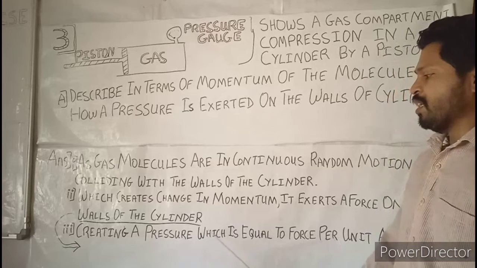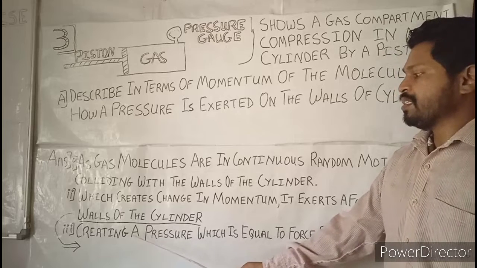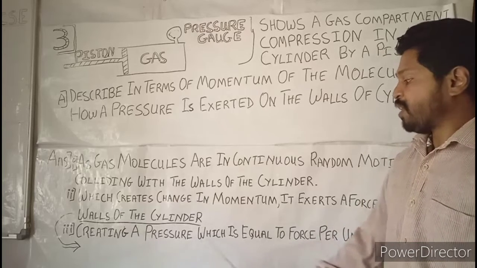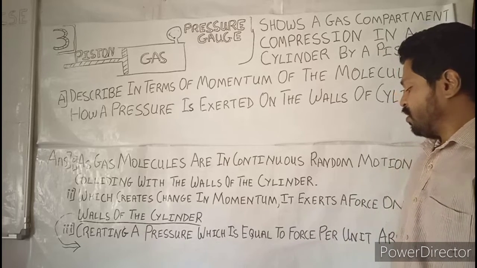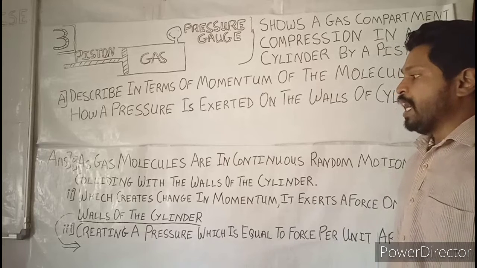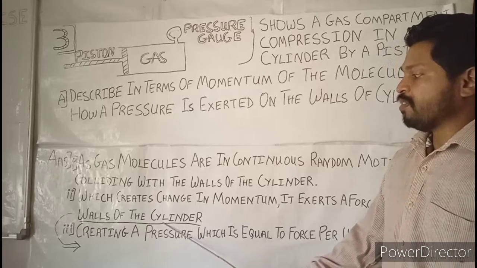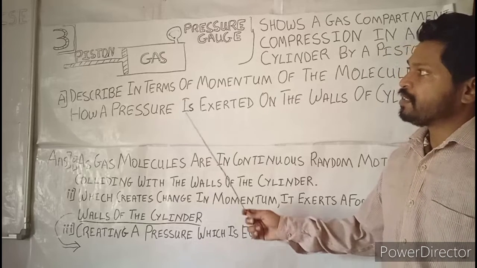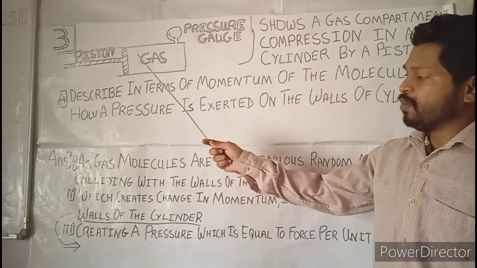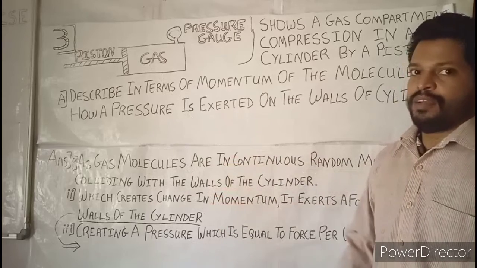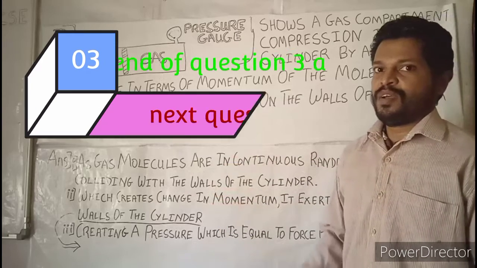This is very important. This force per unit area is applied on the walls of the cylinder. So we have answered the third question, part A. This is the answer.